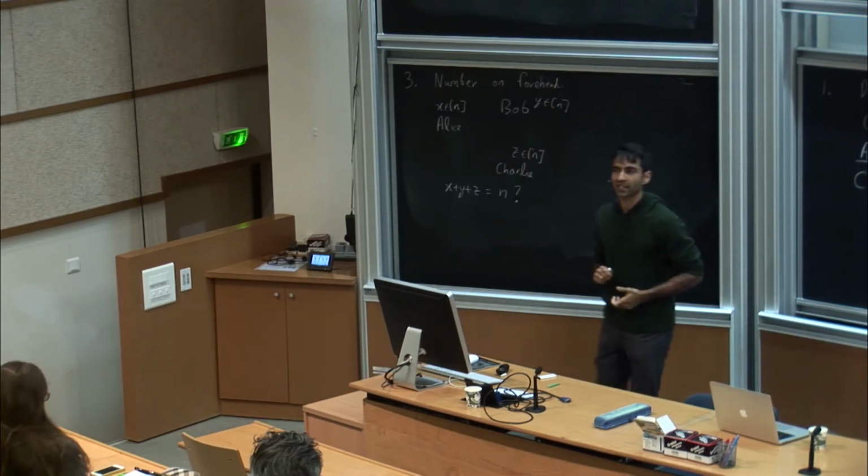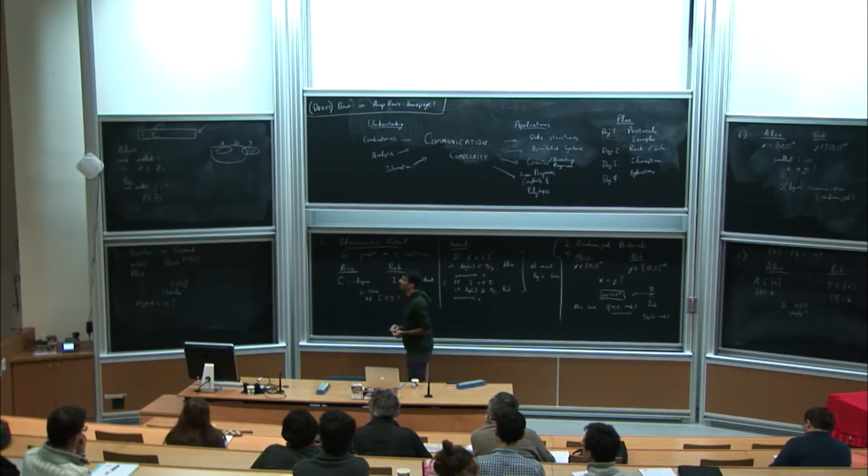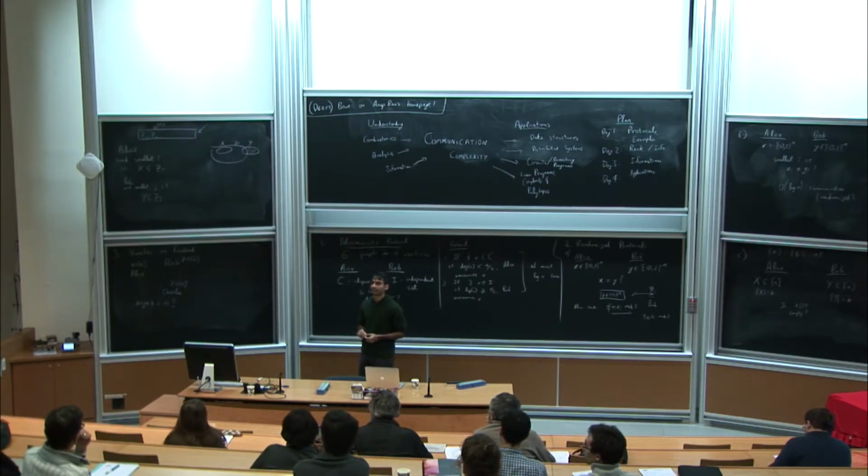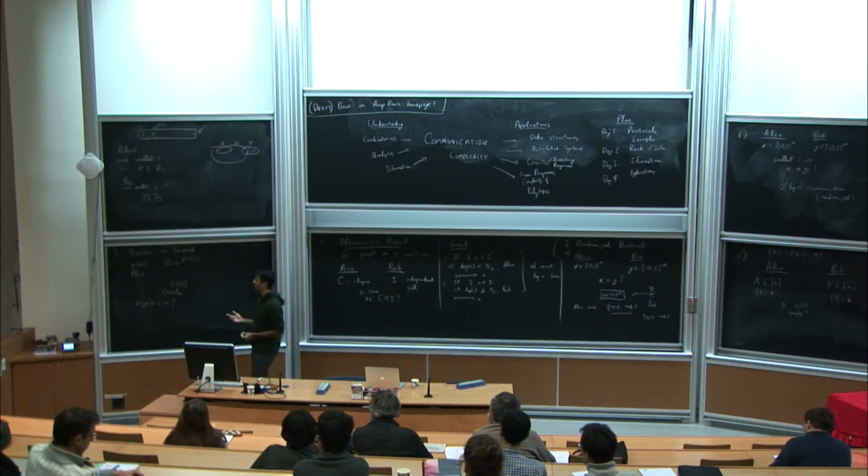So what is the complexity of the trivial protocol? Each one can announce, or someone can announce the sum of the other two. Someone can announce. You actually don't need to do that. All you need to do is tell Alice this is what's on your forehead.